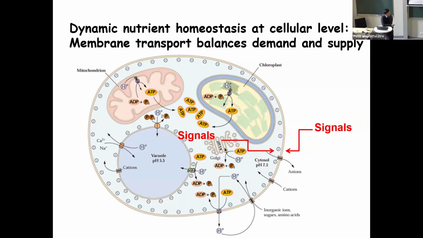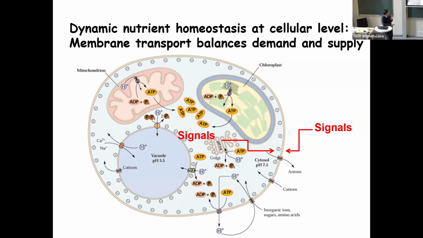So how does a plant cell do that? Basically, there are two networks. One is a signaling network that detects the signals inside the cell, or demand signals. So how active the metabolism is determines how much nutrient you need inside. And of course, they also need to detect how much is available, or the supply.